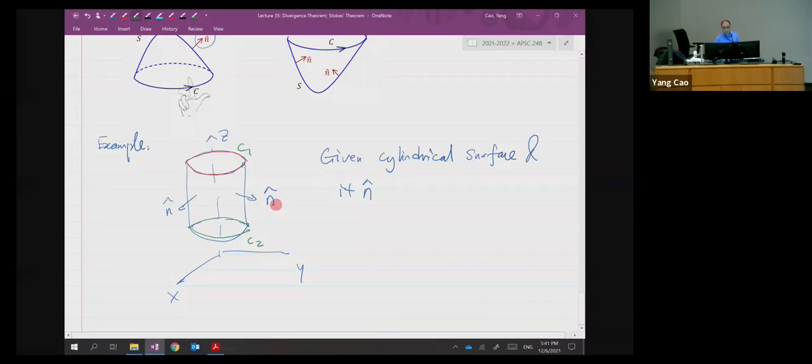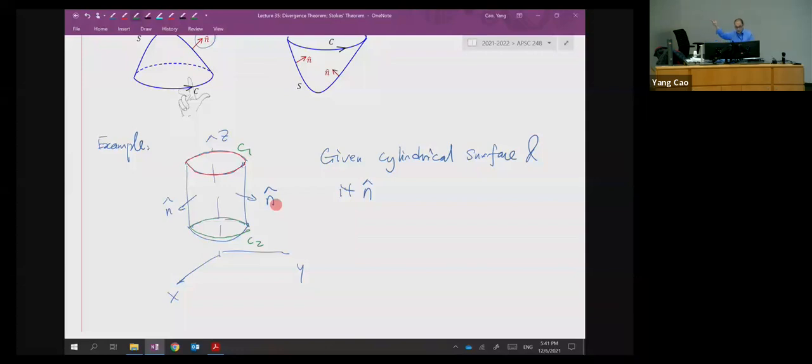So use your right-hand rule to practice a little bit. Remember, thumb should point to the C1 direction. Index finger should be tangent to the surface, and middle finger should be the n hat direction. So how should I orient the C so that the middle finger is actually pointing outward?